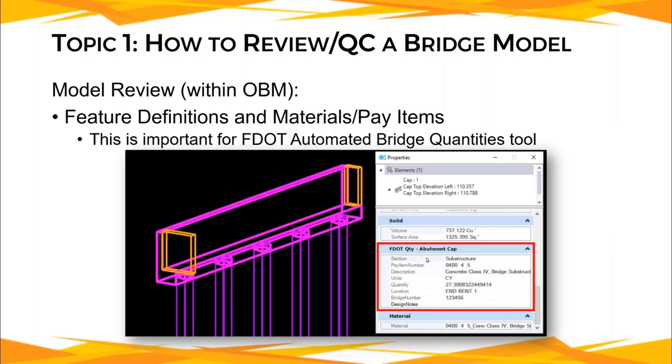So this info will be extracted in the bridge FDOT automated quantities workflow. It's got the description, the proper units, the quantity in those units, the location, bridge number, all that information that gets pulled and reported on the EQR.